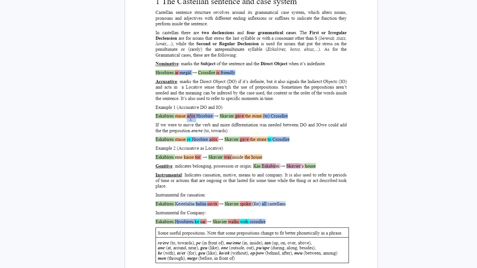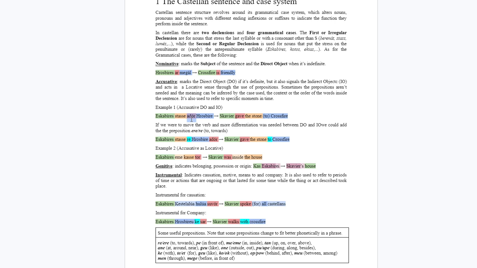Usually, to distinguish them, we will place the verb between them. So if you see two accusatives but don't know exactly which is which, try to look at where the verb is, and if the verb is between them, you will be able to figure out more or less which one is doing the indirect object function and which one is doing the locative function.